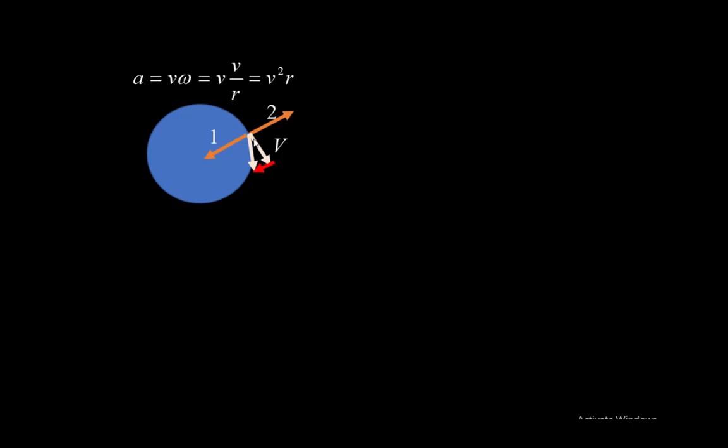Initial velocity plus change gives the final velocity. Since the tip of the velocity vector is moving inward, the rate of change of velocity is in the inward direction, that is in direction 1, towards the center.